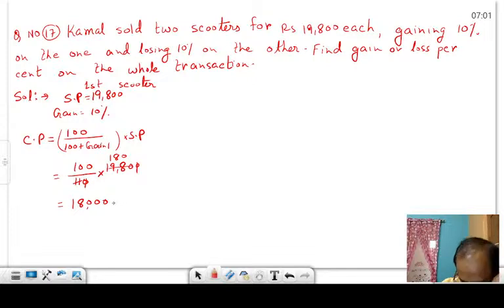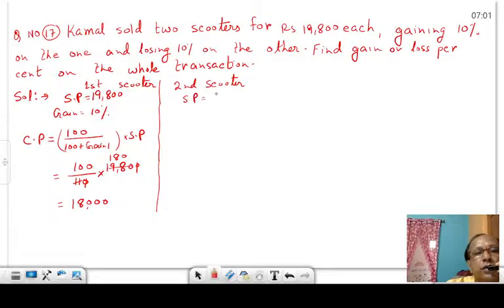This is the cost price, 18,000, for the first scooter, and for the second scooter, selling price is equal to 19,800, and loss is equal to 10%.